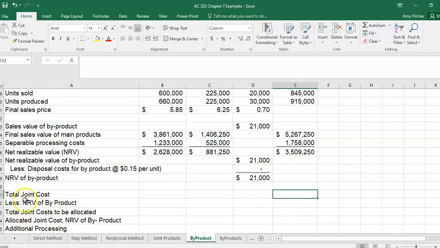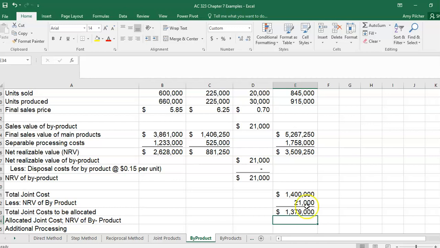When we're getting ready to do our joint costs, which were $1.4 million, one extra zero in there. When we have a byproduct, we subtract whatever money we make on the byproduct from our joint costs before we allocate them. So byproducts help offset the number of joint costs that we're going to allocate.